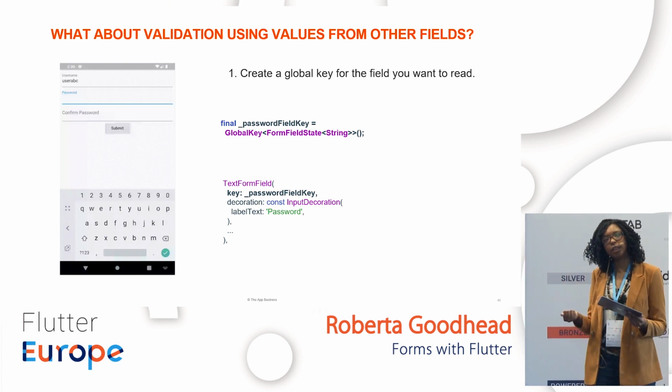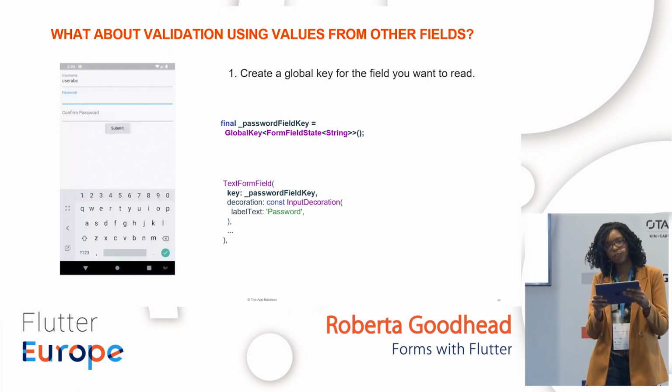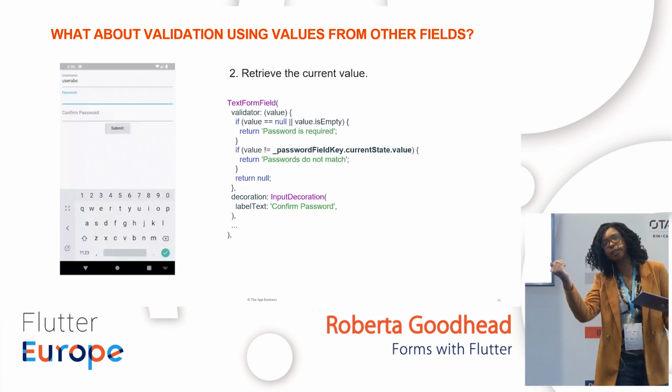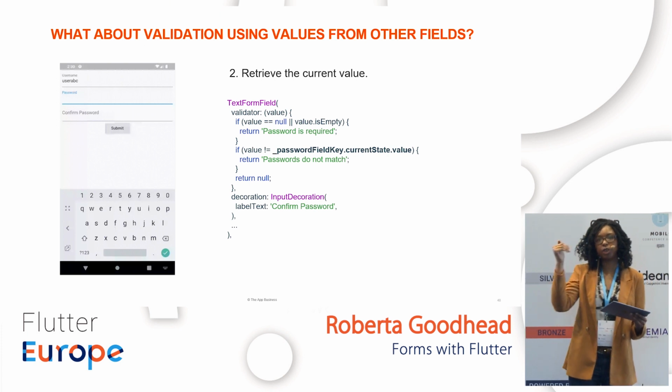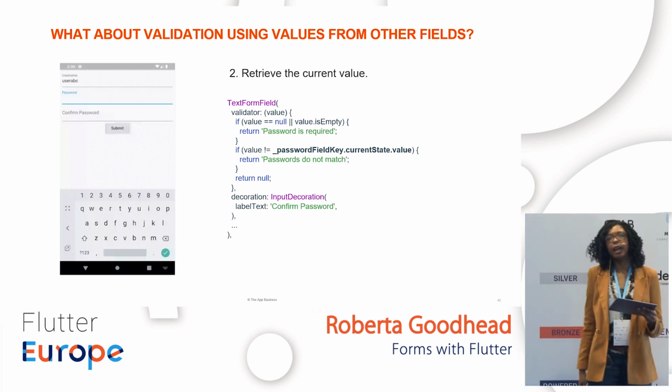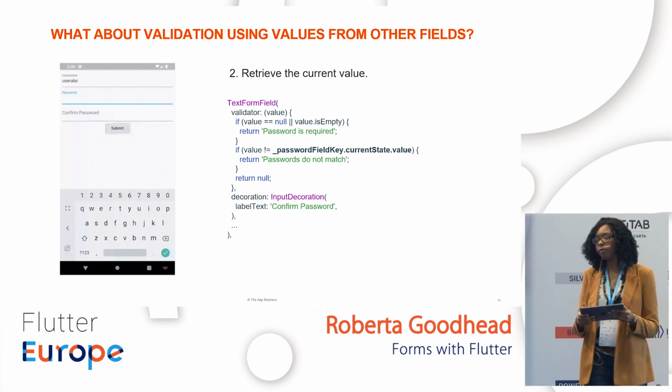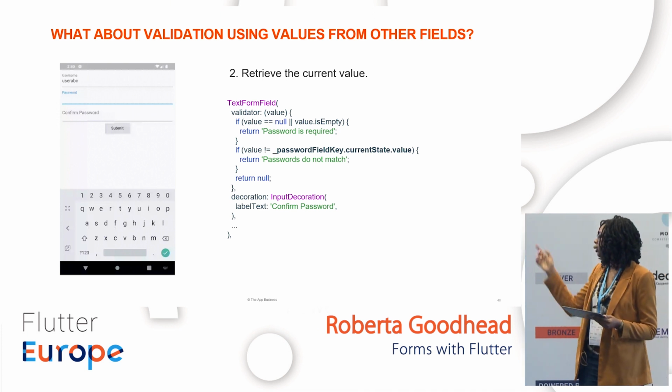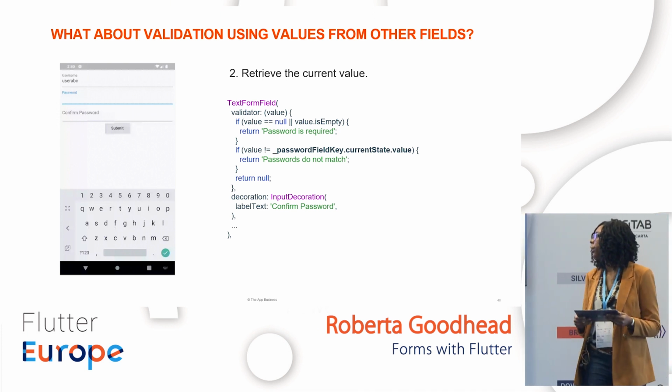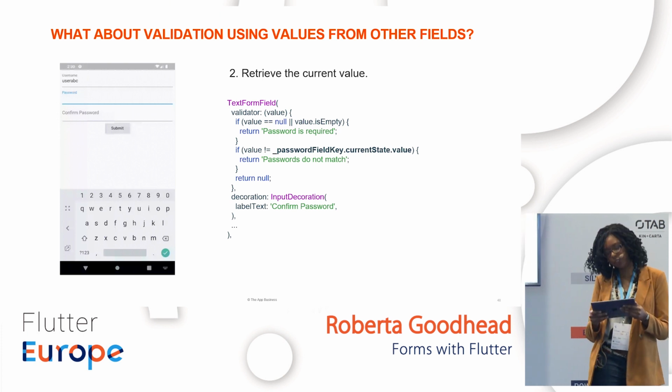When we pass that key into our text form field, we can get access to the state of the password field and then get the value. And then here we can do our check and return the desired error message.